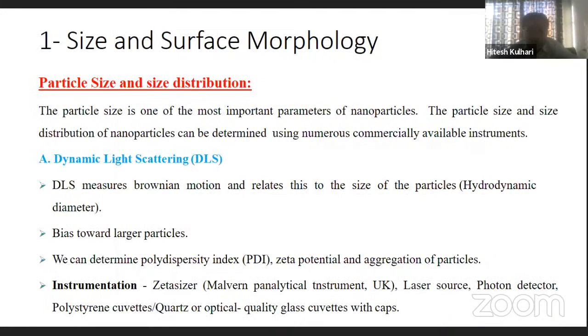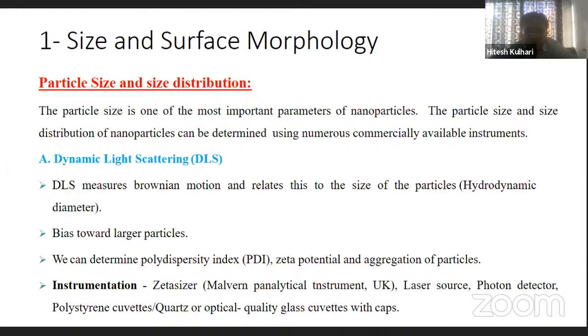Using this hydrodynamic diameter and this DLS technique, we can also determine the polydispersity index. What is the polydispersity index? The polydispersity index gives us an idea about the dispersibility as well as the size of each particle.